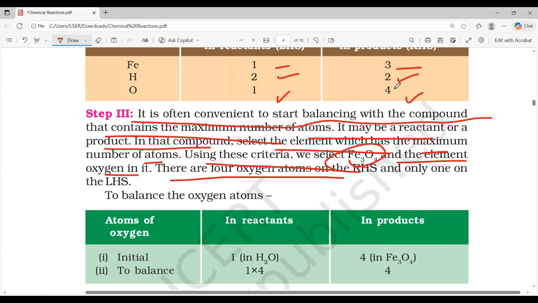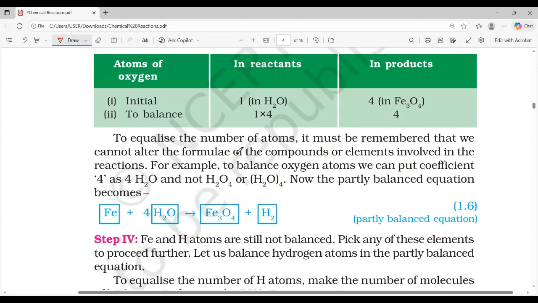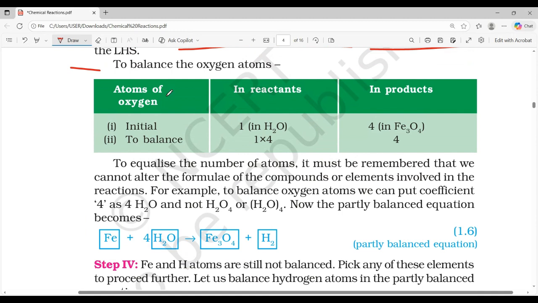So we have four oxygen atoms on the product side, on the RHS, and only one on the LHS. To balance oxygen atoms, the initial atoms of oxygen are 1 in water, and 4 in iron oxide in the products.